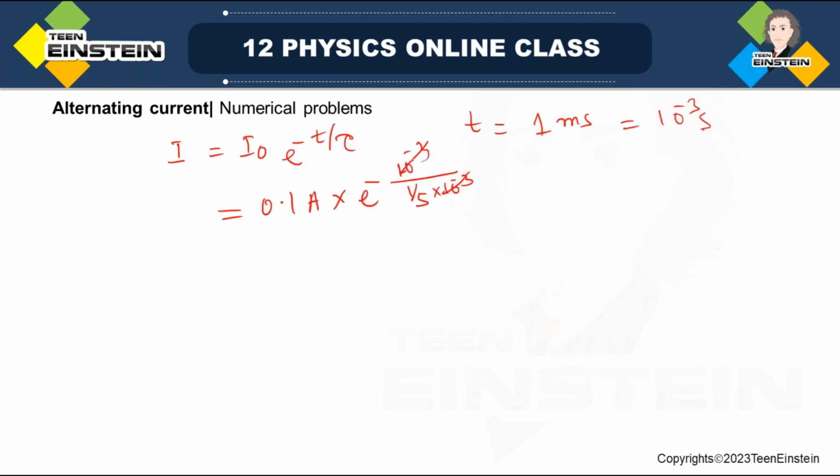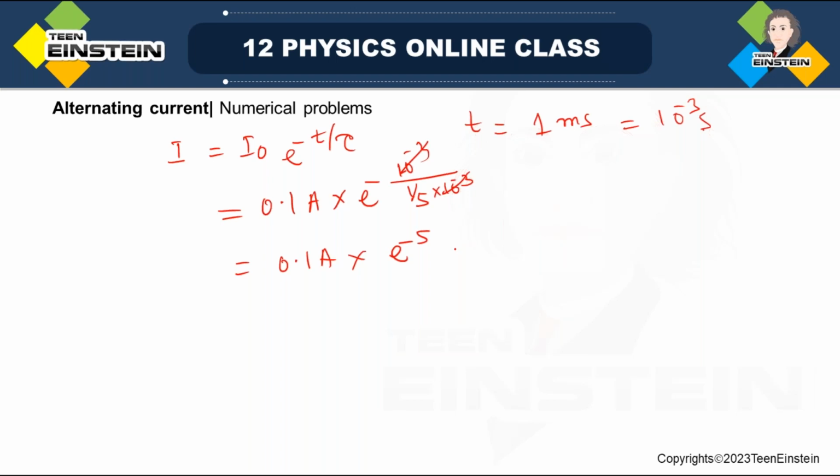Okay, so here it is 10 to the power minus 3. t is equal to 1 millisecond, that is also fine. So both are cancelled, and you get 0.1 ampere into e to the power minus 5.